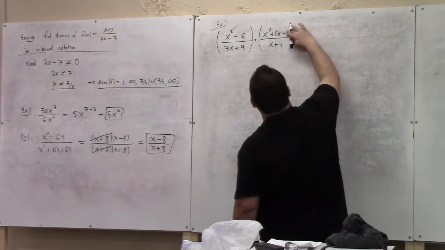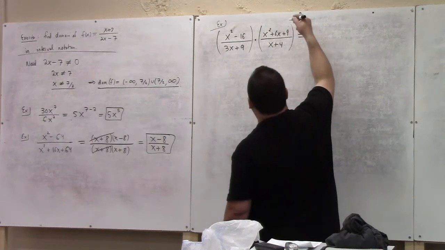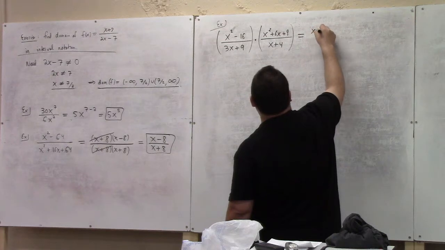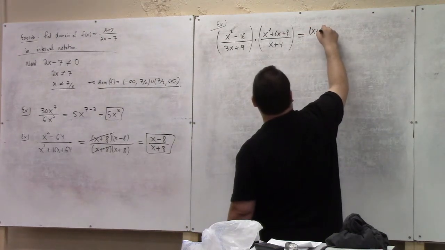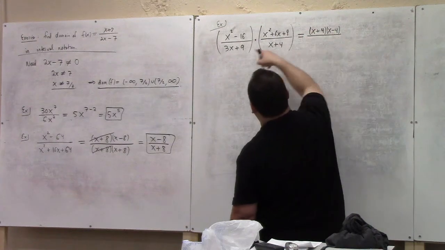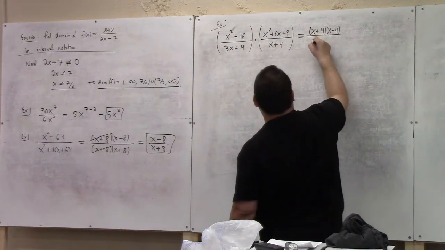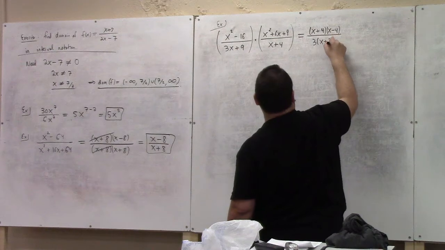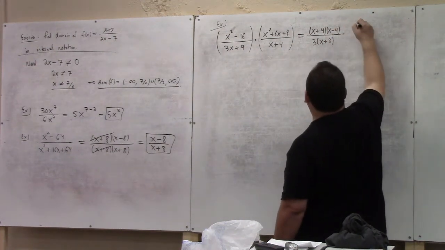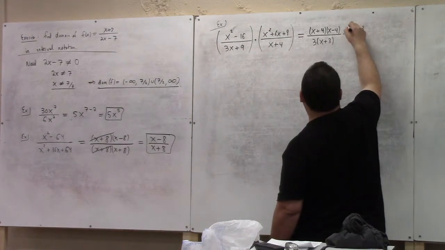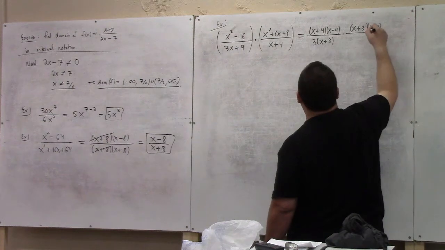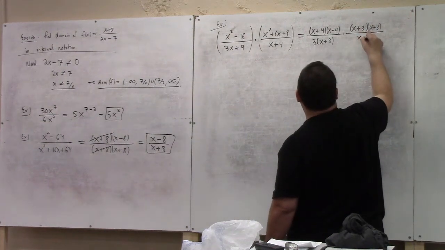How would we do it? Again, factor x squared minus 16, which is x plus 4 times x minus 4, right? We can factor a 3 out of this one: 3 times x plus 3. And that one, that's x plus 3 squared, right? And of course, we still got the x plus 4.